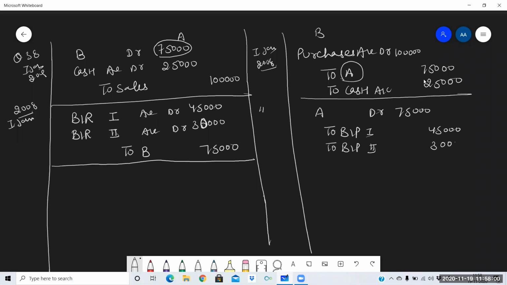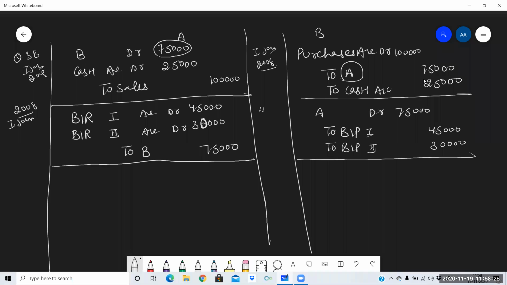And whenever there are more than one bill, both bills may or may not have the same maturity date. It can be that the first bill's maturity is 2 months and the second bill's 3 months, or the first bill is 3 months and the second bill is 2 months. Here in this question, 2 months each means both bills have a maturity of 2 months.